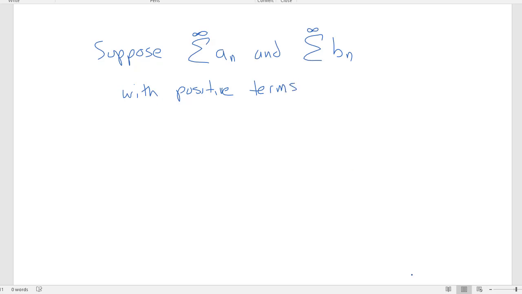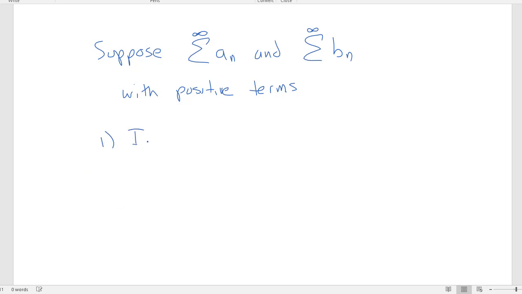Now, the way that I like to think of this notationally is the series of a sub n is the series that we're testing, and the series of b sub n is like our hunch series. So we're thinking that b sub n is known. It's either a known geometric or it's a known p-series. All right. So we know what the b sub n is.